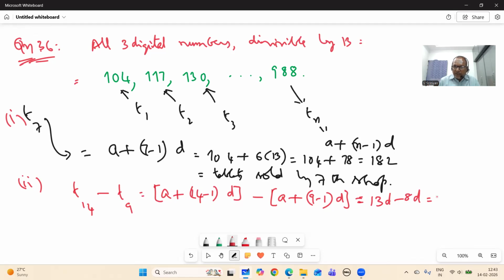D is common, 13 minus 8 is 5, this is 5D. And D is 13, 5 into 13, so this is 65 tablets. This is the difference. The 14th pharmacy sells 65 tablets more than the 9th pharmacy.